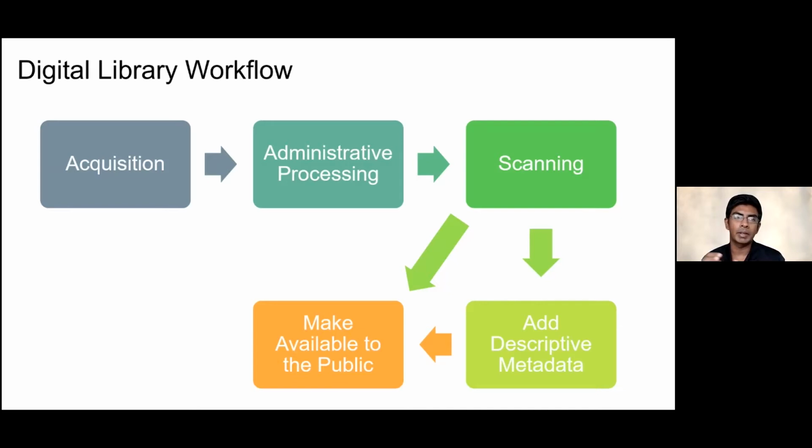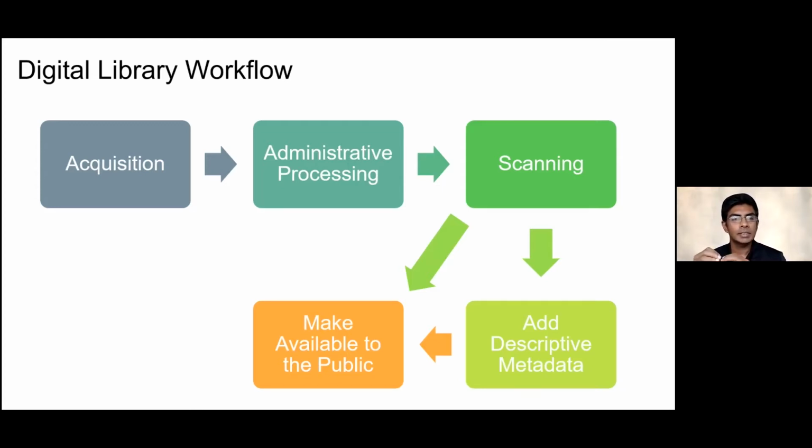This could be expanded further, but since that's not going to be the focus of the presentation, I won't be getting into detail about the administrative processing. But essentially, you go through the steps and figure out things like copyrights, rights of use, and terms of conditions, things such as that. Next, you digitize the photograph, which essentially means scanning the photograph according to the specifications that you have defined in your digitization process.